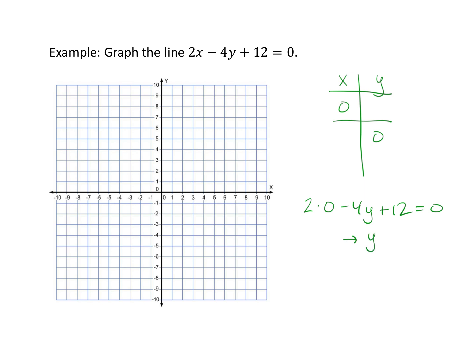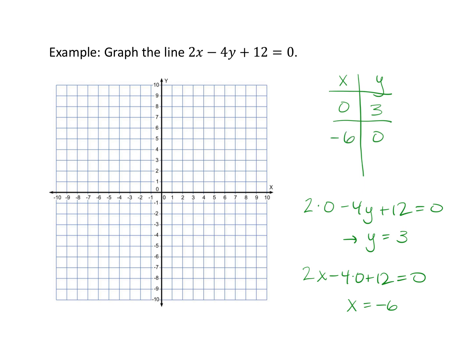And the solution to that would be y equals 3. And if I make y 0, I have 2x minus 4 times 0 plus 12 equals 0. Oops, that's not supposed to be 4y, it's supposed to be 4 times 0. And the solution to that is x equals negative 6.